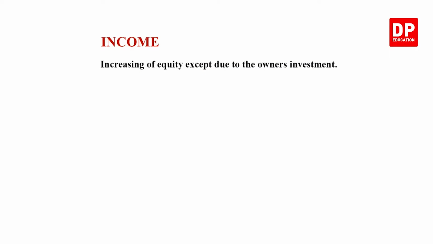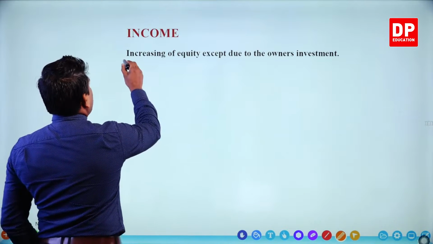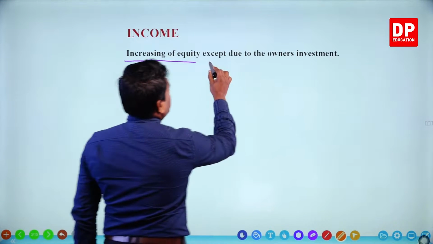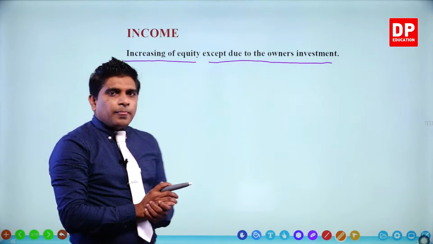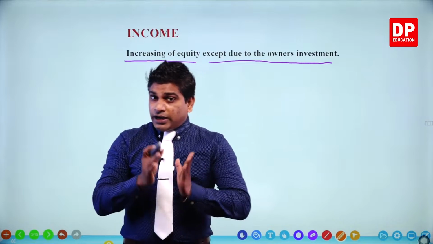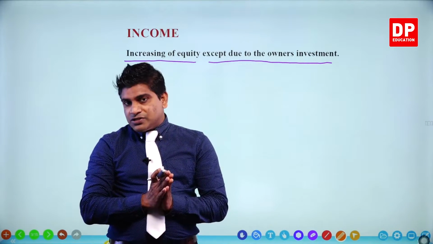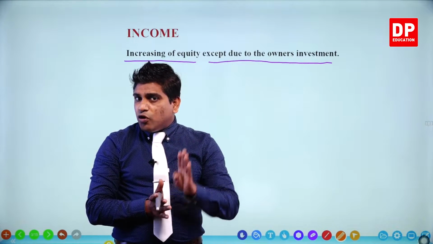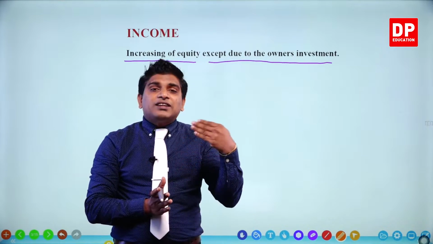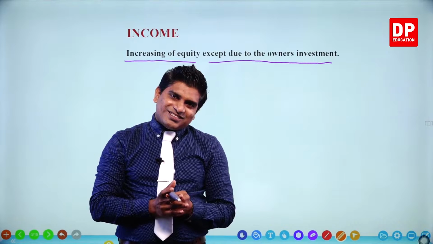Income: increase in equity except due to the owner's investment. Remember this. You know, in grade 10 under the accounting equation lesson, there are main 4 factors which are affected on equity.